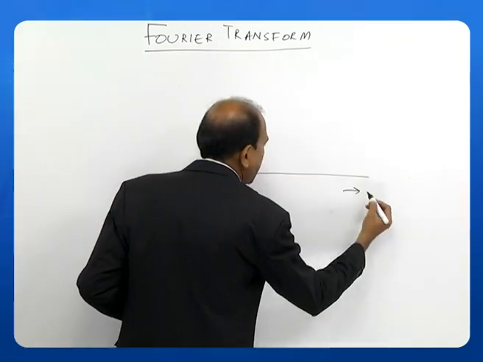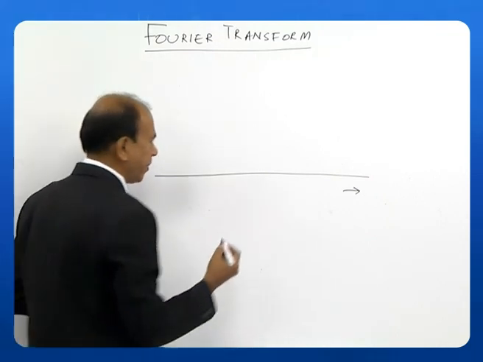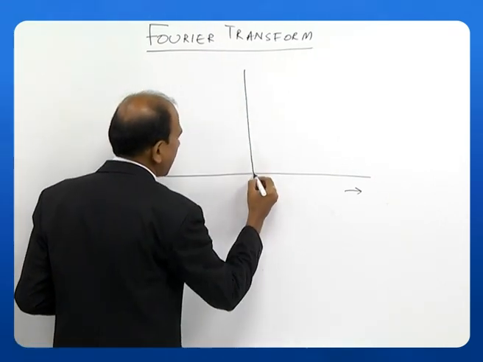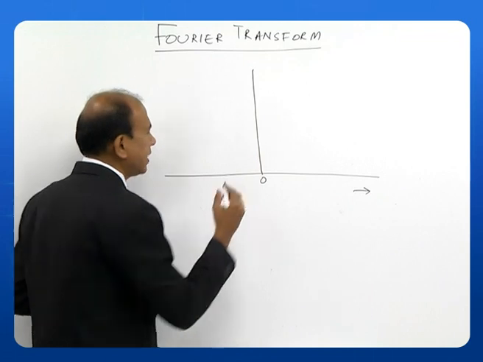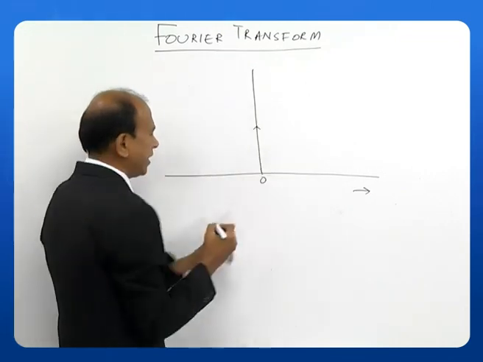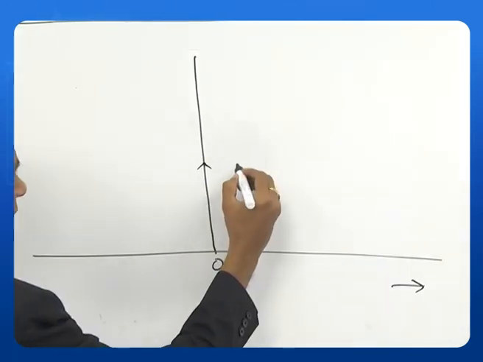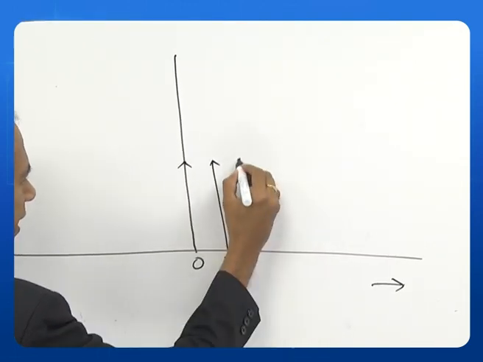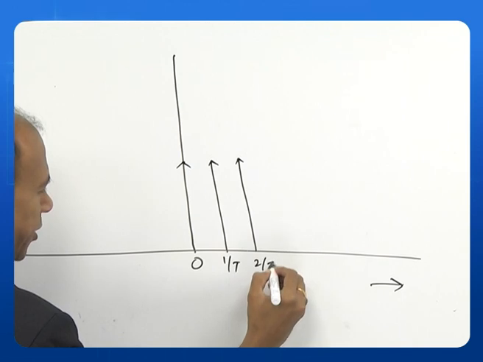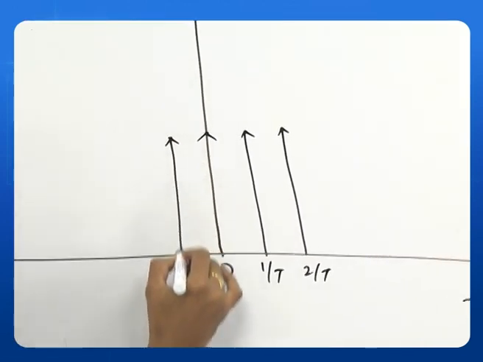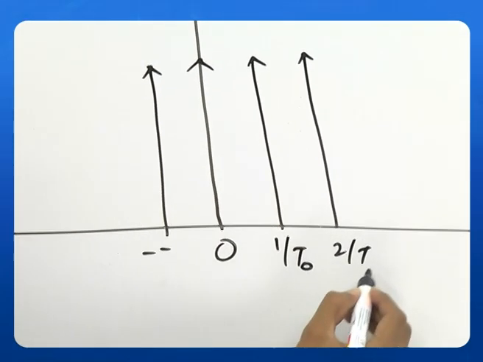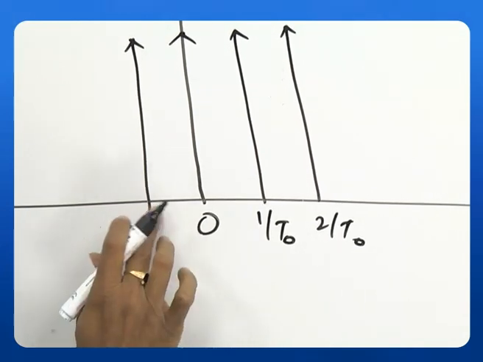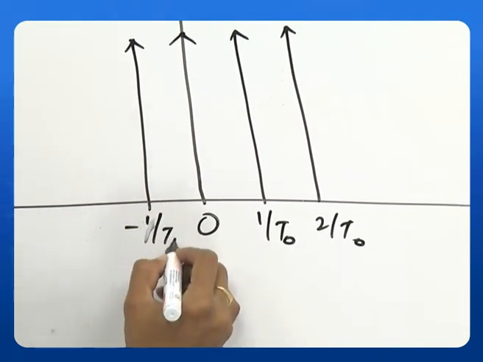Okay, now this is the Fourier transform F domain, and this is the origin. So, there is a delta function which is occurring at origin. There is again a delta function which is occurring at 1 by T naught. There is again a delta function which is occurring at 2 by T naught. Similarly, there is a delta function existing at minus 1 by T naught.